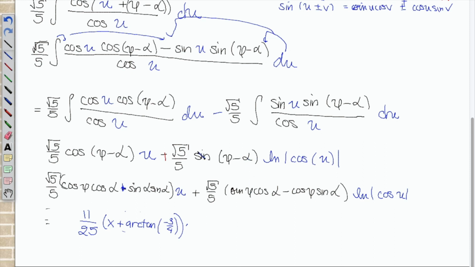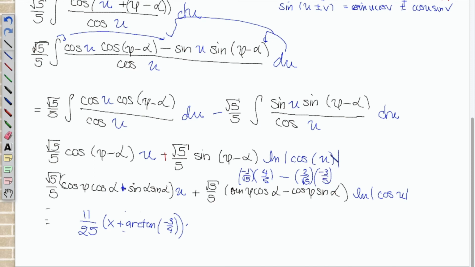So, very quickly, plugging in, sine of phi is negative 1 over square root 5. Cosine of alpha is 4 divided by 5, minus parentheses, and then we end up with cosine of phi, which is 2 over square root 5, times sine of alpha, which is negative 3 over 5.